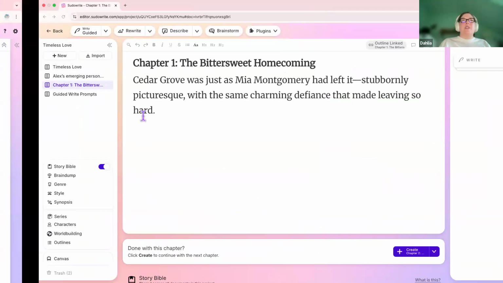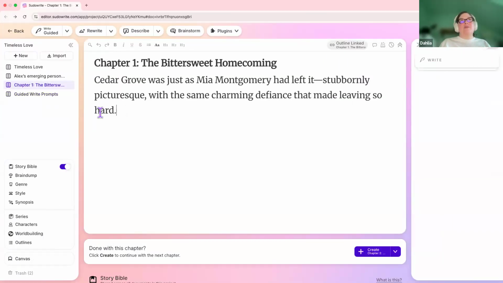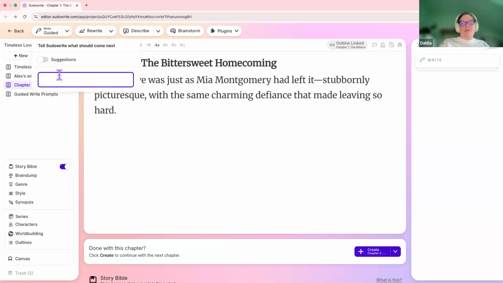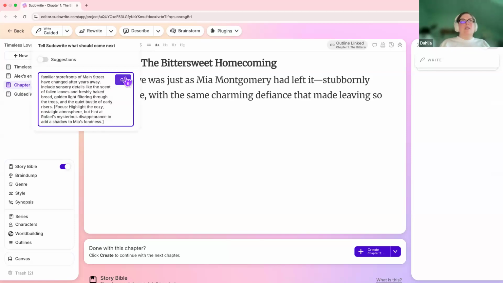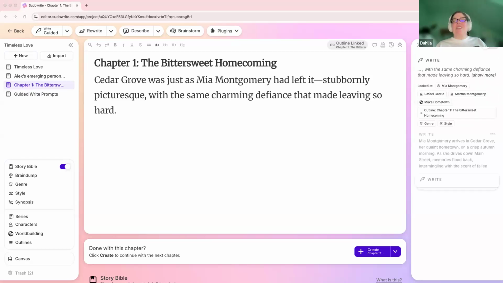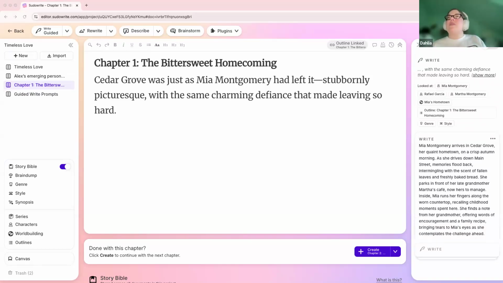Switch over to our project, put the cursor right after our first sentence. Go in here, put it in the box, say go, and let the magic happen. And while the magic is happening, which usually takes a little while, oh, no, it's that fast.